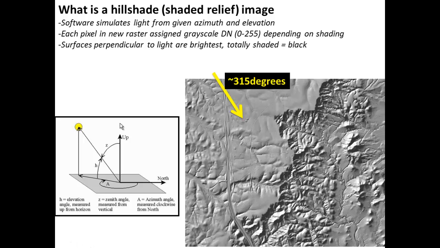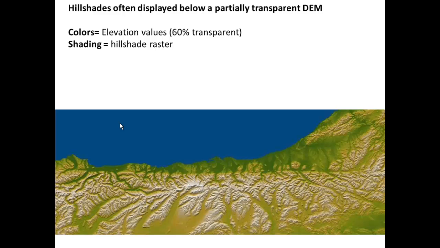Okay, the most common way to finish off a hillshade is to display it beneath a digital elevation model, and to assign a color scheme to the digital elevation model so that colors are scaled according to their elevation. In this case, green is low, white is high.